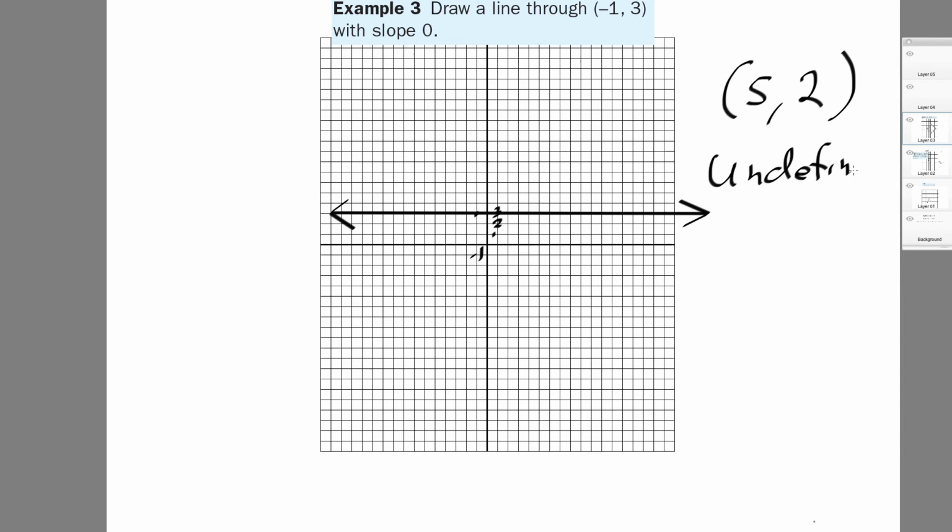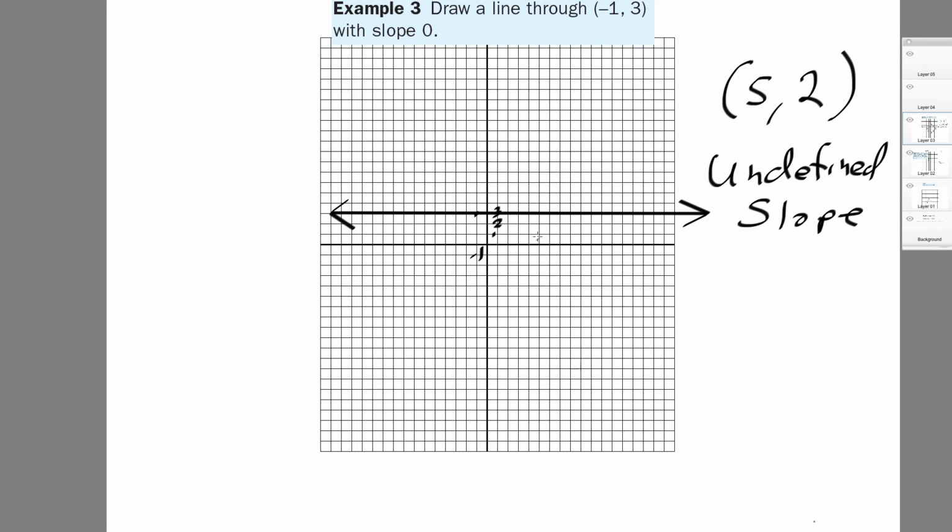Well, undefined slope means that as I move from right to left, I can't move from right to left because there is no ability to move. It's simply a vertical line, it is undefined, and since I can't go right to left, it's kind of part of why we say it's undefined. Let's count on 1, 2, 3, 4, 5, 2.